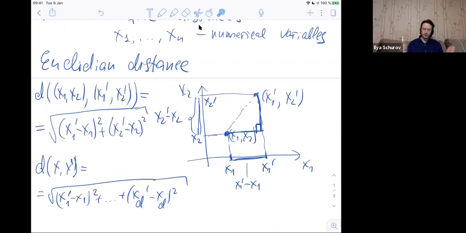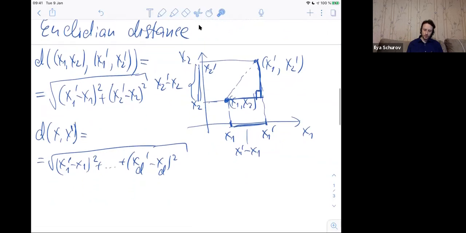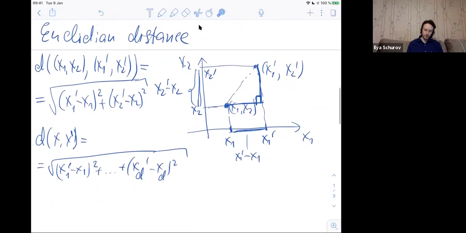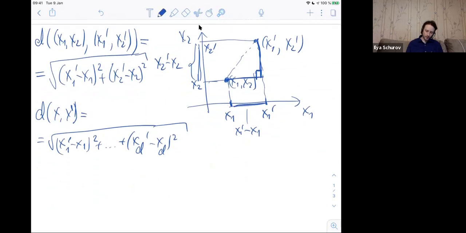So the units of measurement, the scaling of the axes, are important. Basically, we can define Euclidean distance in different ways just by rescaling the data. A usual way to standardize our data is to rescale them.